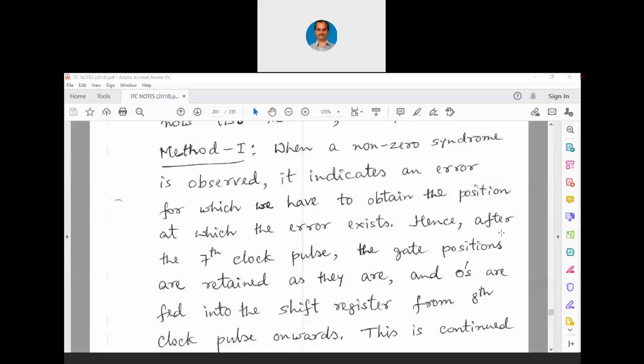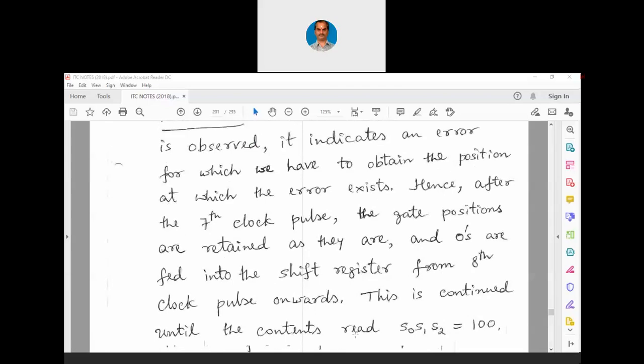We are assuming that we don't have a parity check matrix now because we are going through polynomial methodology. So when we don't have a parity check matrix, how do we find out the position? For that also there is a solution. After the 7th clock pulse, the gate positions are retained as they are and zeros are fed into the shift register from the 8th clock pulse onwards.